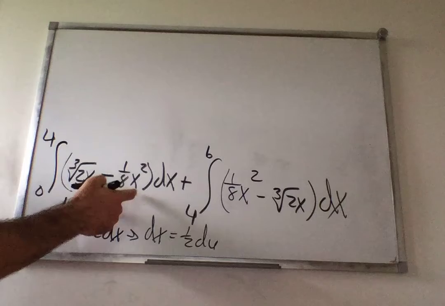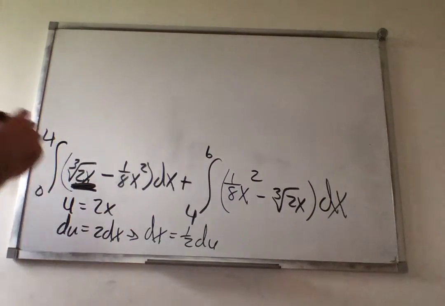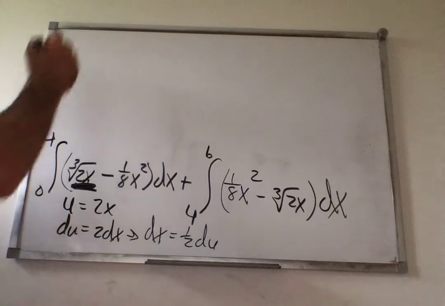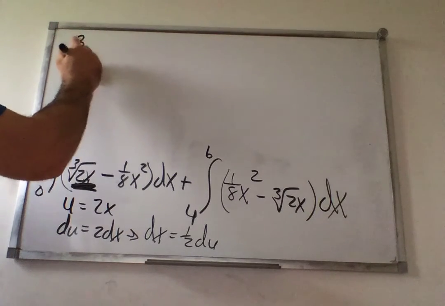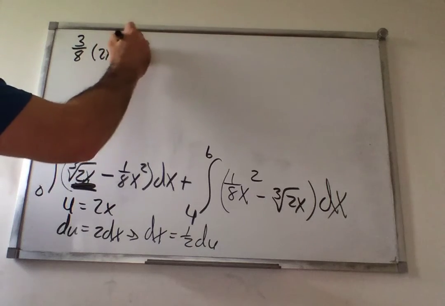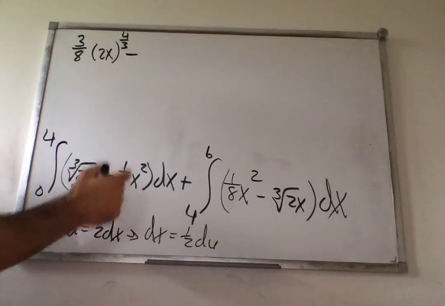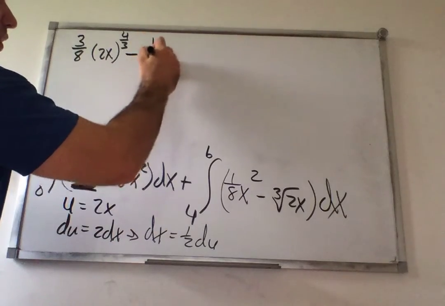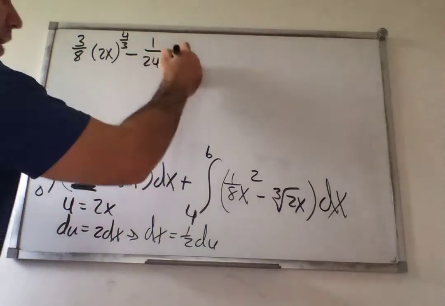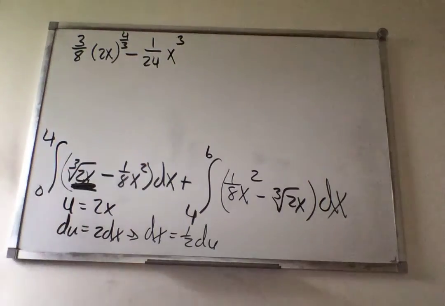And then it turns into a power rule, and that's only for this term here. You don't do it to here. Then you undo the power rule in terms of the u, and I'm just going to give you the answer. You get 3/8 times 2x to the 4/3 power minus, undo the power rule on here. You get a 1/24 because you go up 1 power to get x cubed, then you divide by that 3. 1/8 divided by 3 is 1/24.